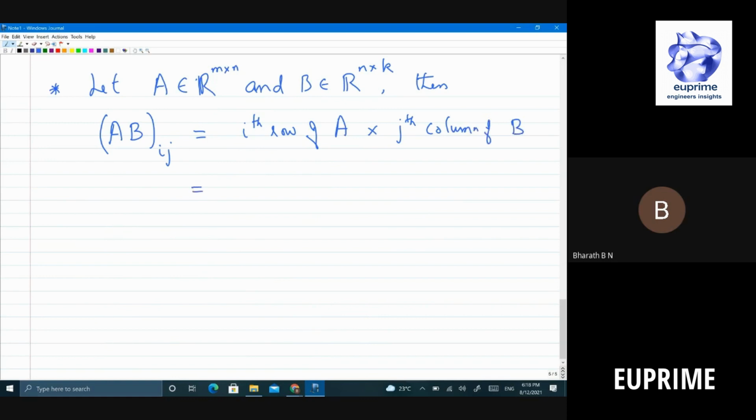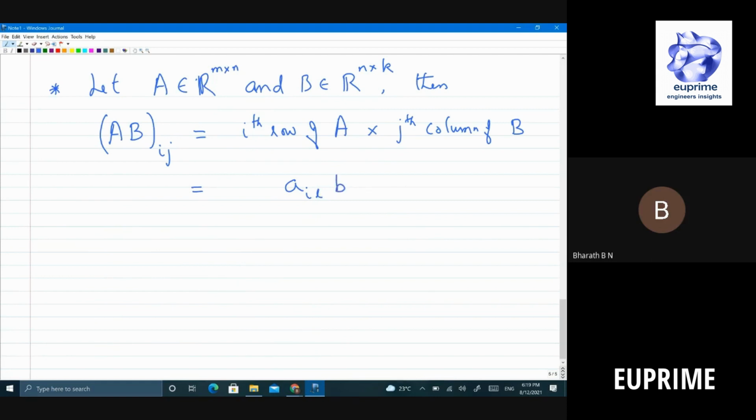So when you multiply two matrices, I'm taking a row vector multiplied by a column vector. Did I make any dimensionality mistakes? No. So what do you mean by multiplying a row vector by a column vector? You're taking the first element, taking the product, second element, taking the product, and summing them. So I can write this as the ith row, but I'm going to take the lth element, where l goes from 1 to whatever.